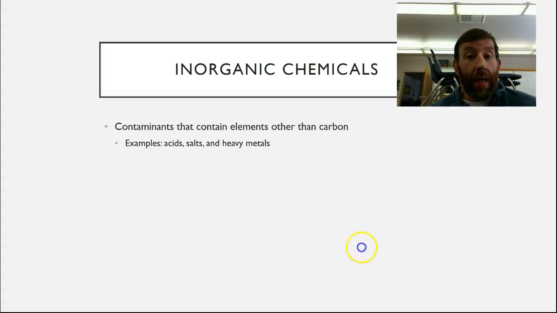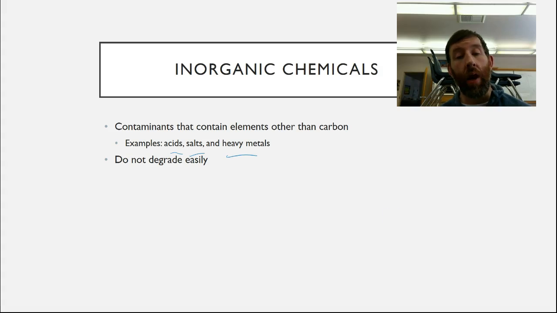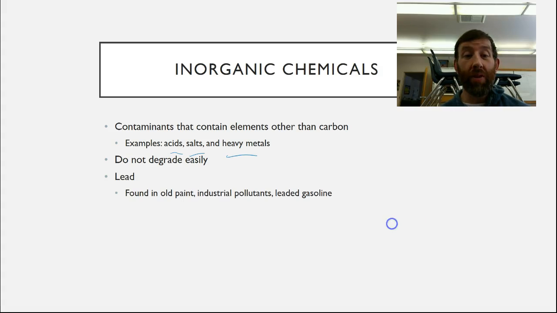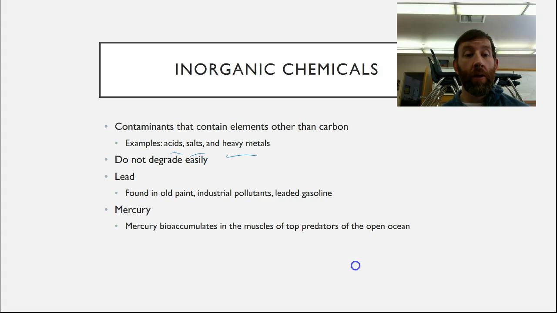And then inorganic chemicals refers to the classes of chemicals that are not based on carbon. So acids, salts, and heavy metals would all be part of that. And some of our big concern with inorganic chemicals is they have a tendency to bioaccumulate, right? So things like lead, which is found in old paint and industrial pollutants. We used to use leaded gasoline, which we don't anymore.